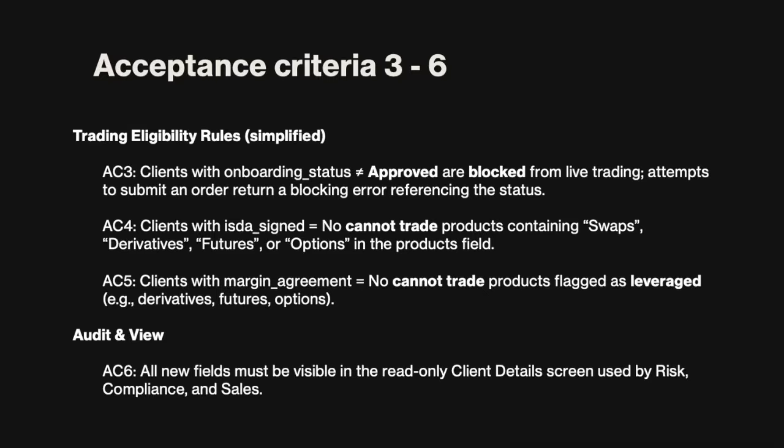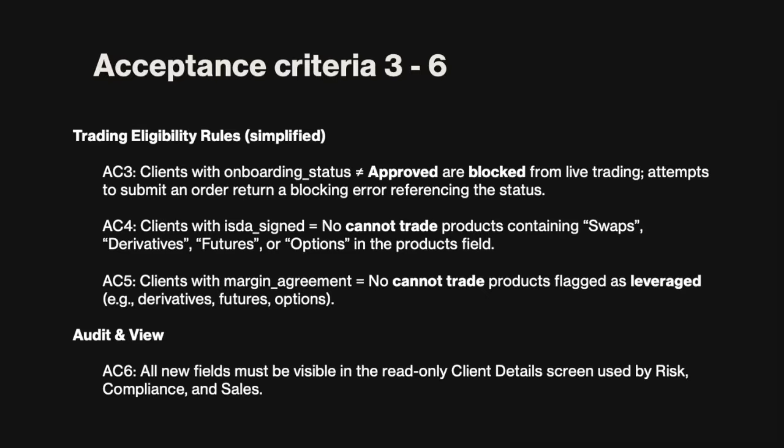I fed the user story and acceptance criteria into an AI prompt, ChatGPT in this case, and asked it to 1. Extract the decision logic, 2. Enumerate the states of each field, and 3. Propose tests that hit the allow/deny branches.